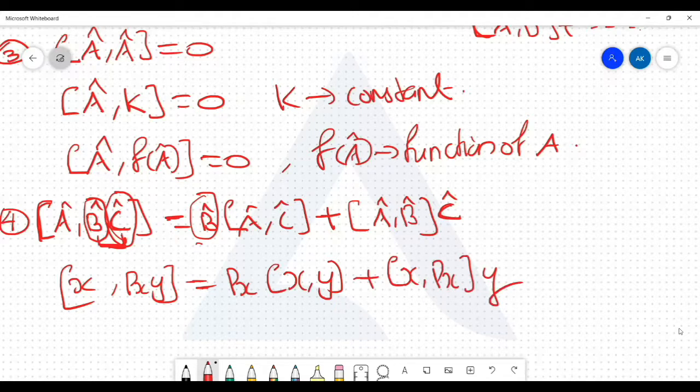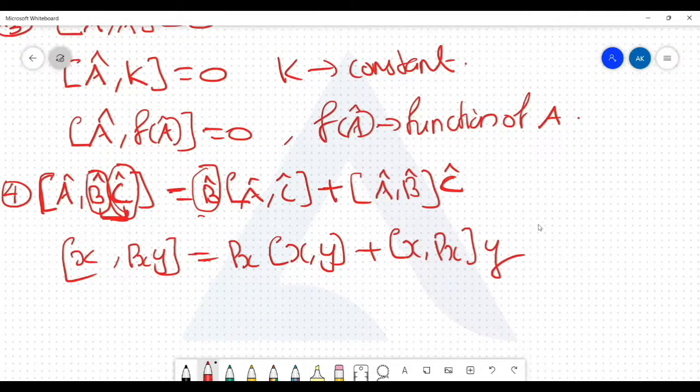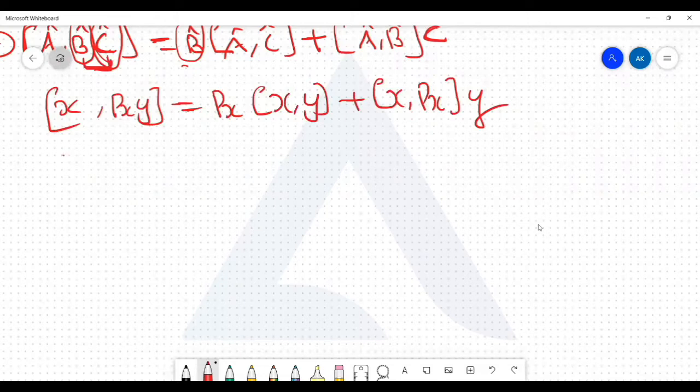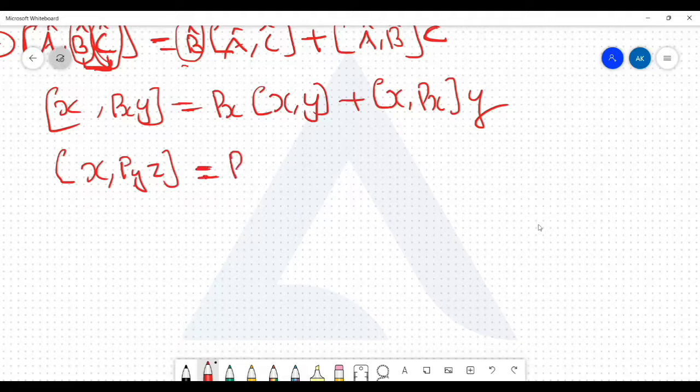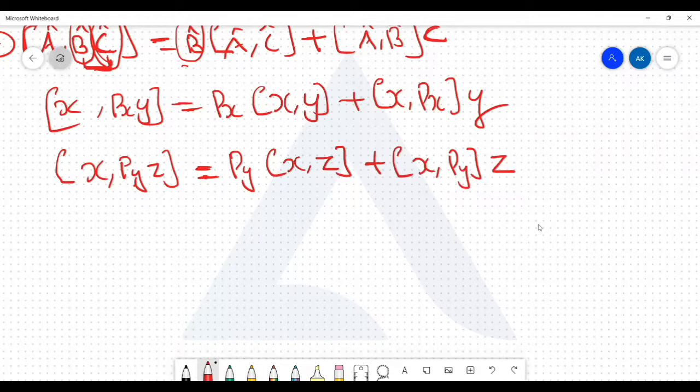You should write like this. Suppose, what about x py z? How do you write? First py, the commutator of x with z, plus the commutator of x py with z. Right? Yes.